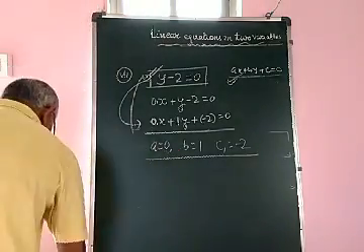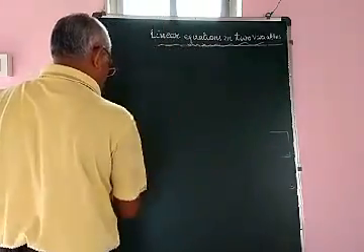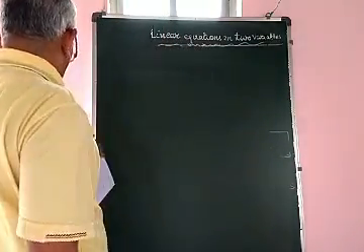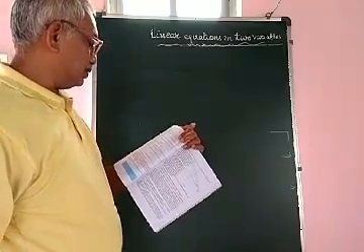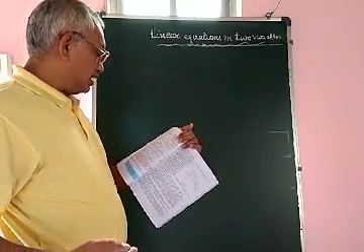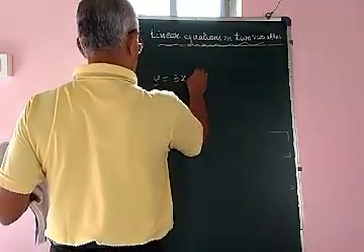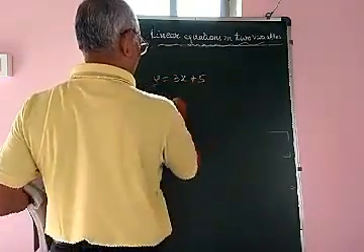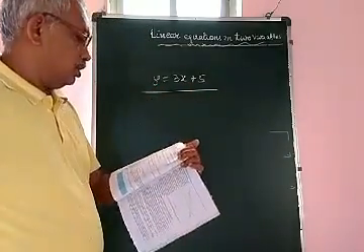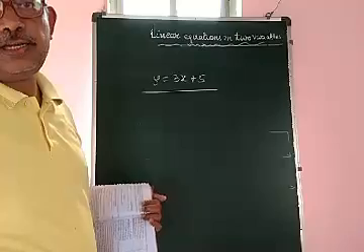Now, exercise 4.2. Which one of the following is true? y = 3x + 5 has a unique solution, only two solutions, or infinitely many solutions.